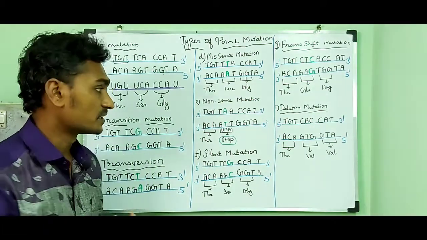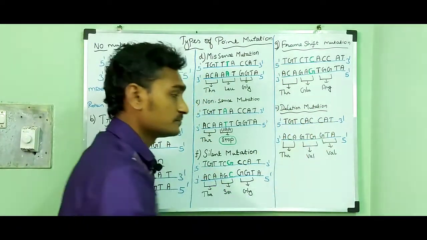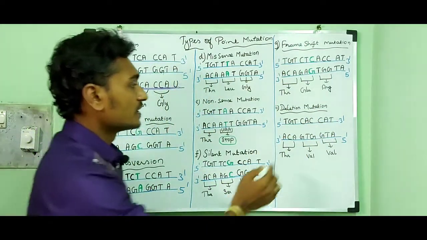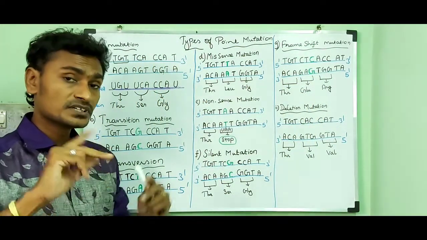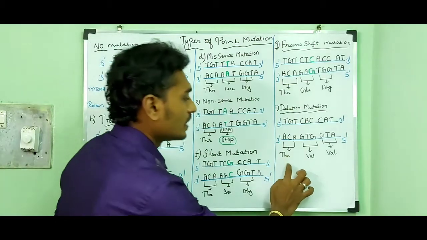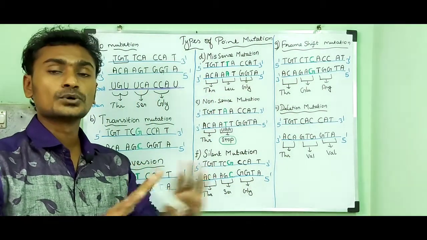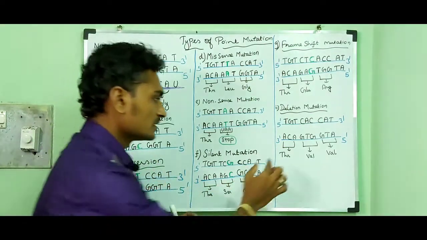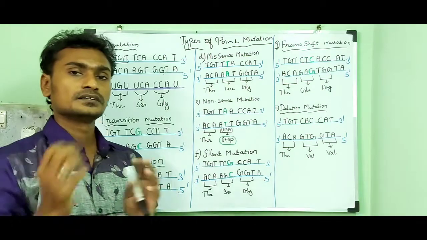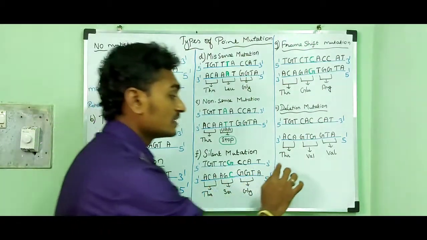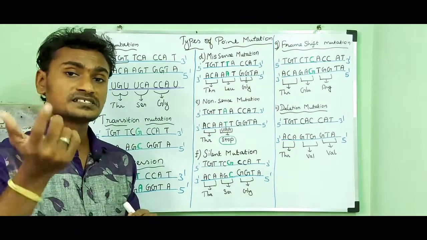Here is the deletion mutation. Here that base pair is deleted. Due to the deletion, the frame shifts, and the reading frame is changed totally. The coding strand is converted into mRNA, and that mRNA totally changes the amino acid sequence.